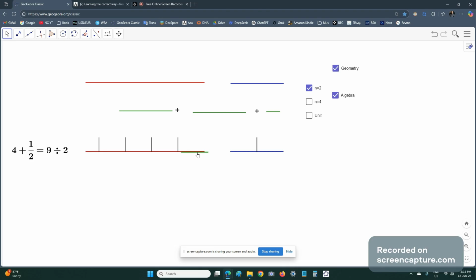So this little part here would measure the red line segment as 1, 2, 3, 4, and half of itself, right? As you can see there, half of itself. That would be when we divide this line segment into two parts. We're still using the unit, but a certain number of equal parts of the unit to measure the red line.